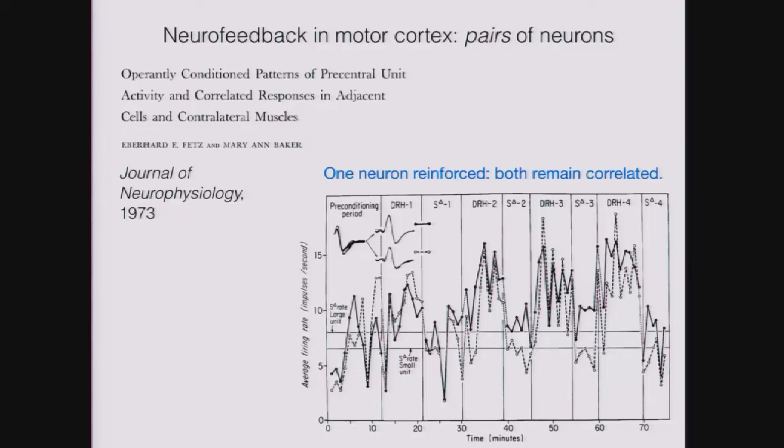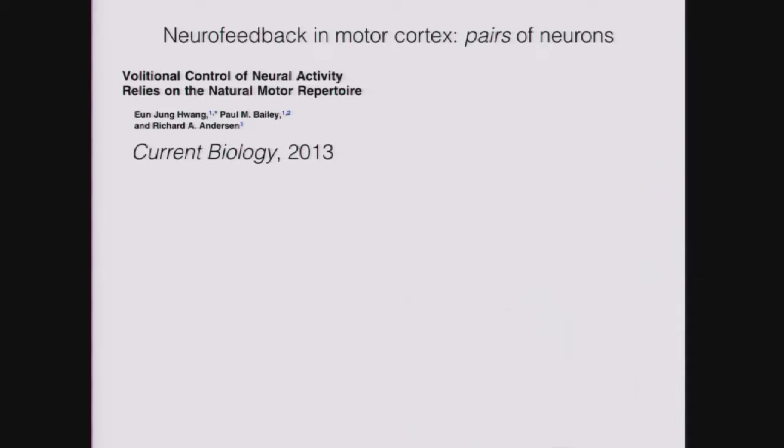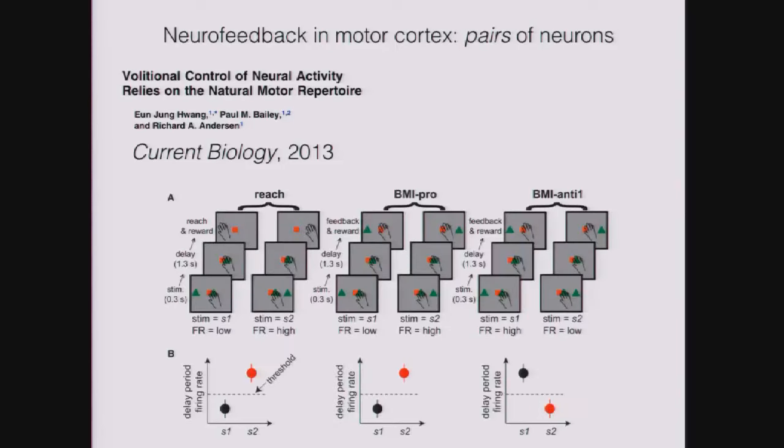Okay, so more recently, sticking with pairs of neurons, Anderson did a very nice study in which they made the point that BCI-induced changes in neural function correspond to the animal's natural movement repertoire.